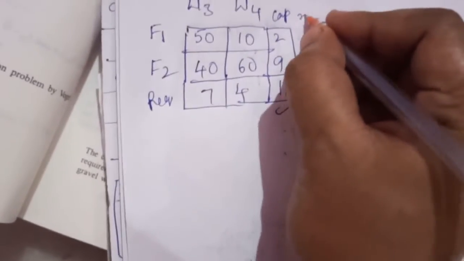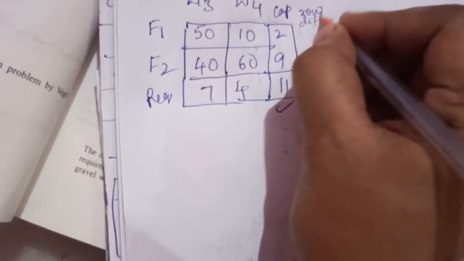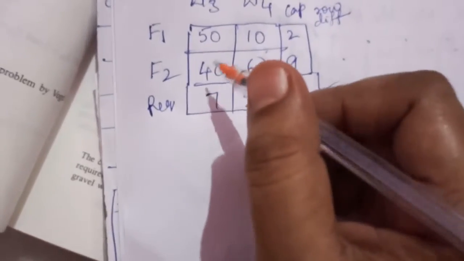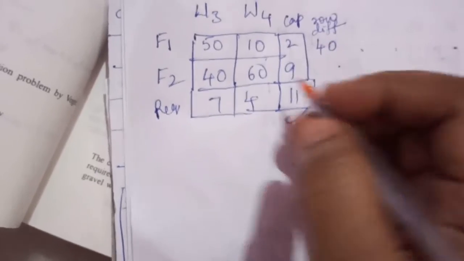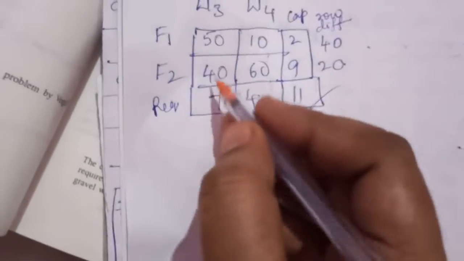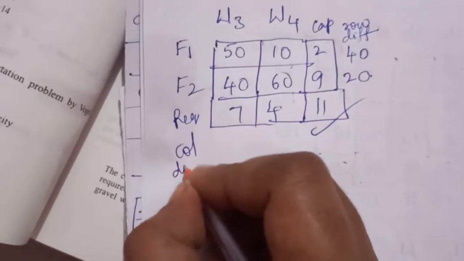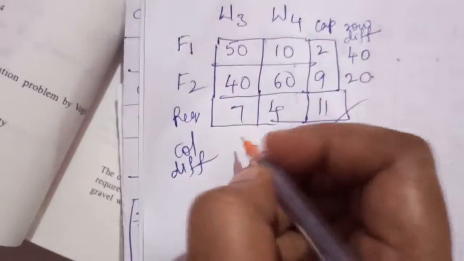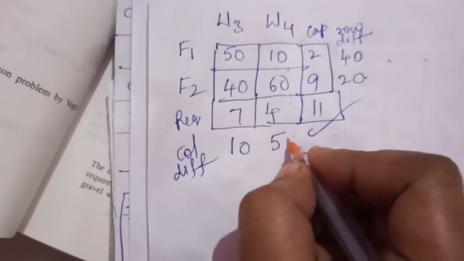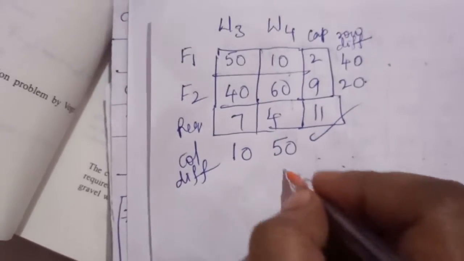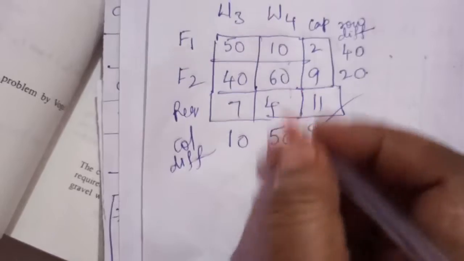Now we take the row differences: 50 minus 10 gives 40, and 60 minus 40 gives 20. For the column differences, 50 minus 40 is 10, and 60 minus 10 is 50. So we take this for the next allocation.